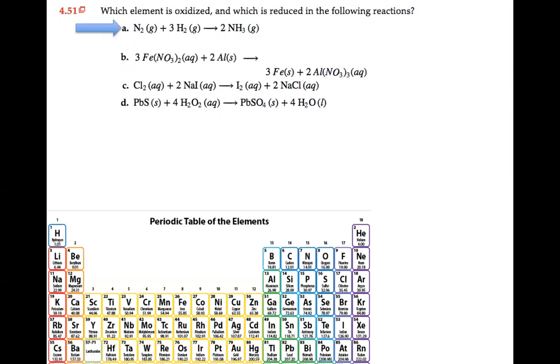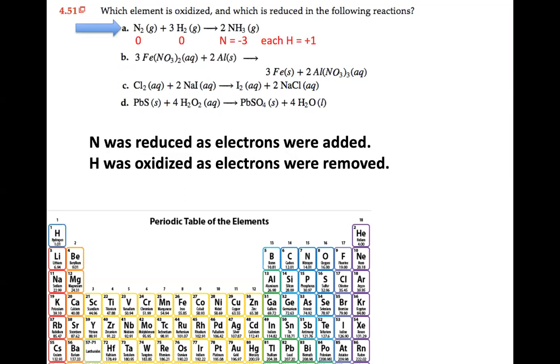I see both N2 and H2. Those would be the elemental forms. Nitrogen atoms just by themselves is 0. Hydrogen atoms just by themselves is 0. When I look within NH3, let's think that through. Nitrogen is more electronegative, so nitrogen will become negative. It ends up being -3, and each of the hydrogens become +1.